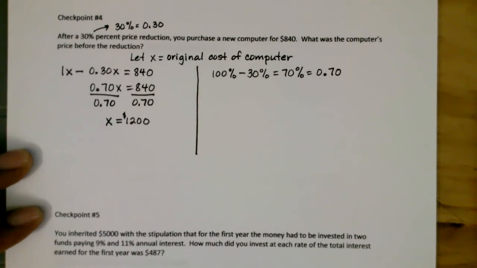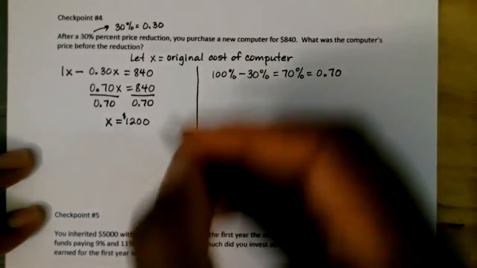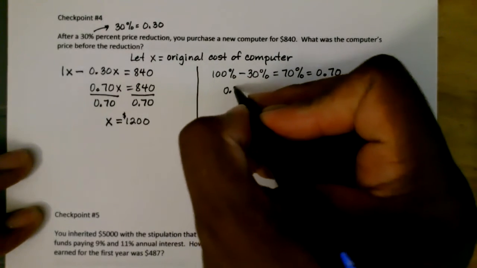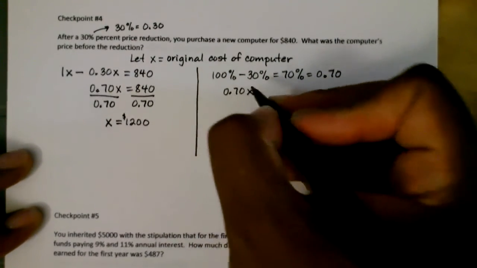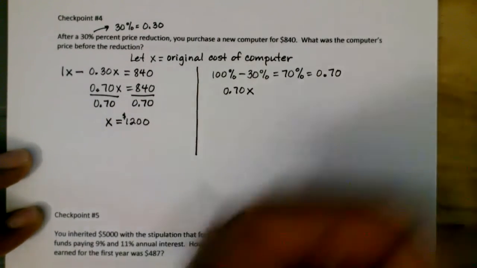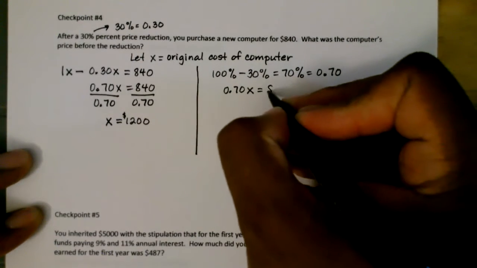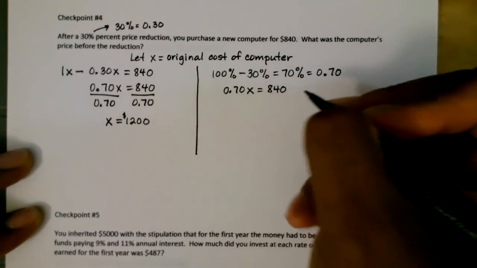And if you don't know that, you can just drop the percent sign and move the decimal point 2 places to the left, or since percent means per 100, you can take 70 and divide that by 100. So this would be 0.70 times the original cost of the computer, which is X. That would be equal to $840.